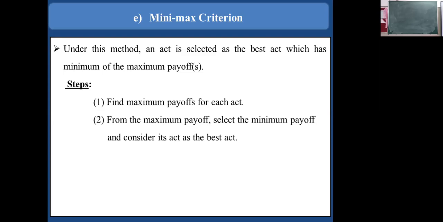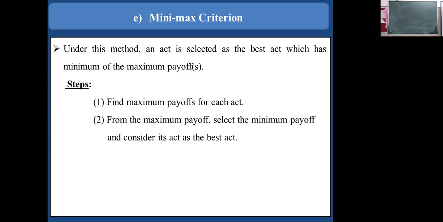So how can you use this method in a practical problem? Under this method, an act is selected as the best act which has the minimum of the maximum payoff. Following are the steps that we have to follow. Step number 1, find the maximum payoff for each act.